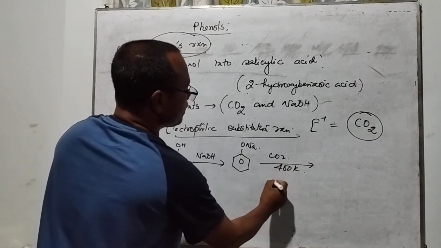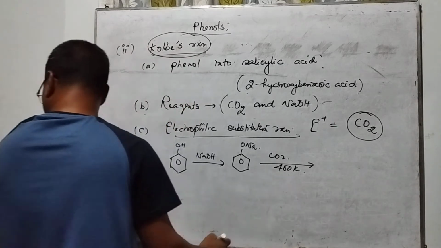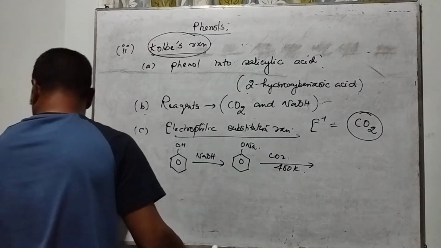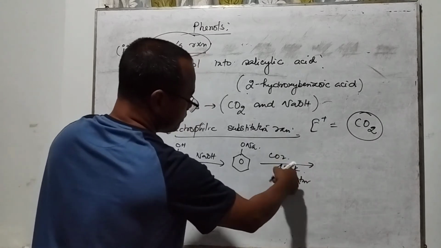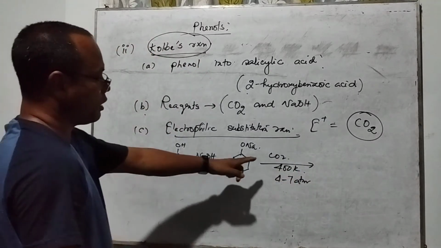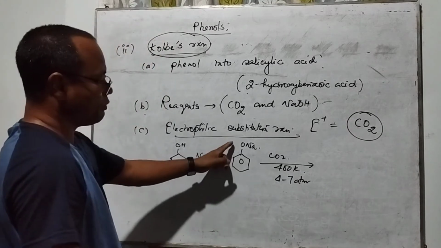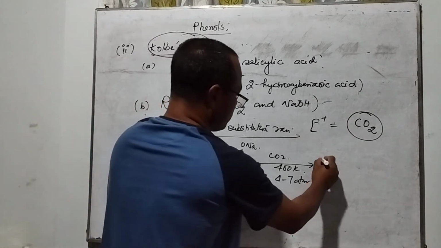The pressure is 4 to 7 atmospheres. Under this pressure and temperature, carbon dioxide reacts with sodium phenoxide, and the compound is formed like this.